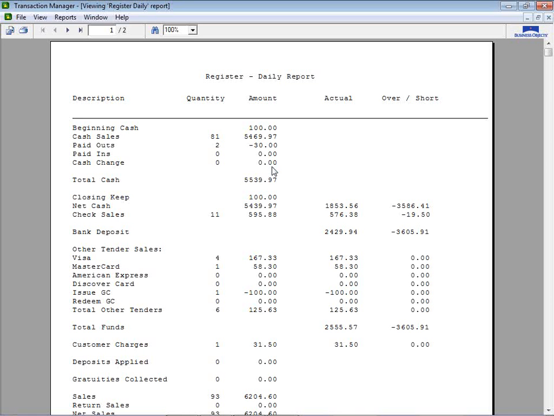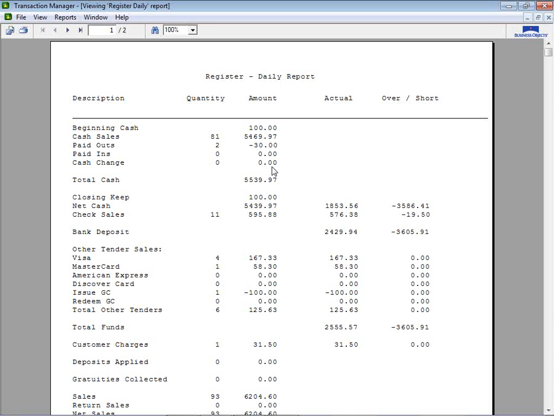In some stores, when you pay by check, it is not uncommon, well, it's not totally uncommon at least, for the store to allow you to write a check for more than the amount of the sale and give you some money back. So when the amount tendered is greater than the amount of the sale and the customer gets cash back, we call that cash change. And we need to know about that because that money is not going to our bank account.